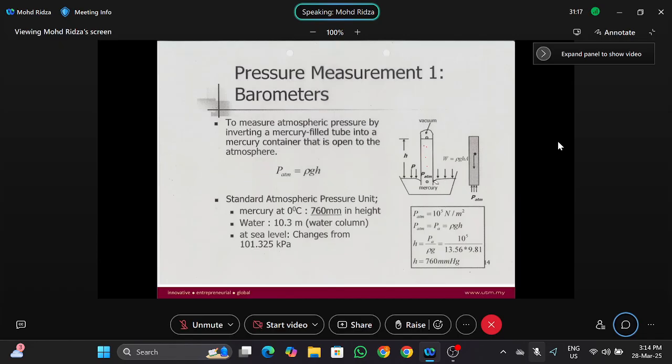So the mercury will rise up 76 centimeter if you put this at mean sea level, because of atmospheric pressure. From this value, of course you can calculate the pressure. How do you calculate the pressure?